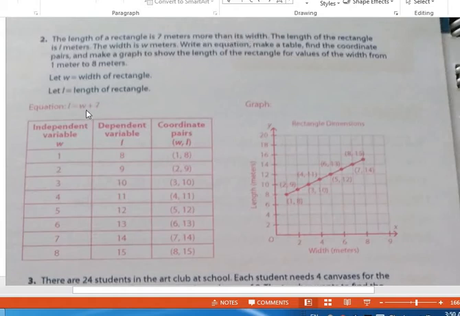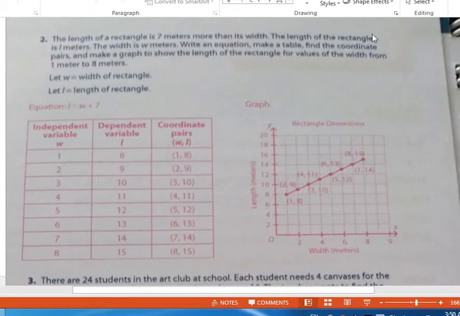Let W be the width of the rectangle. So the equation will be length equals W, the width, plus 7. This is the equation, the first step.